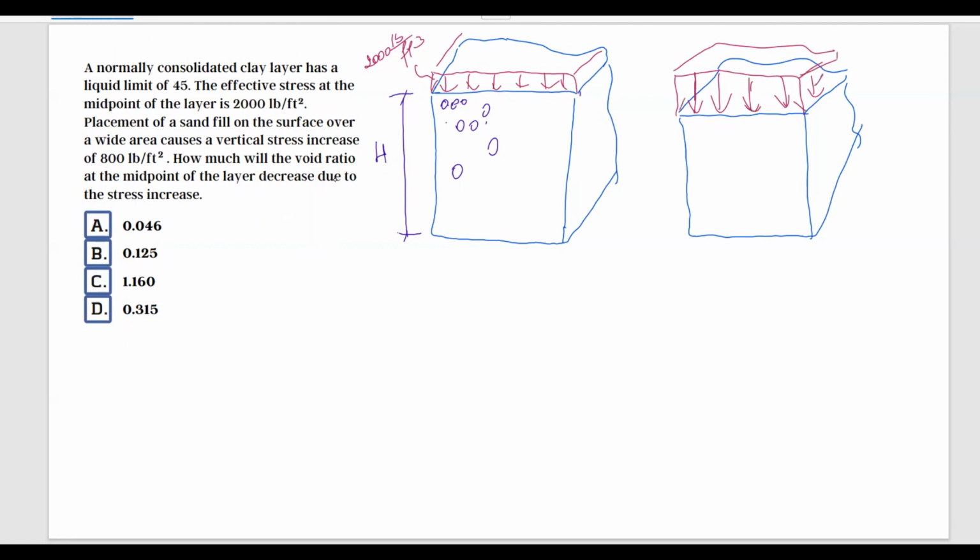So now this is 2,800 pounds per square feet. Now what's happening, we're going to have a different height here. Let's call it H1. And this is delta e.